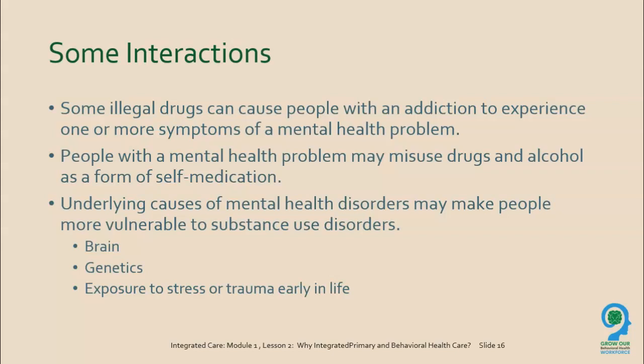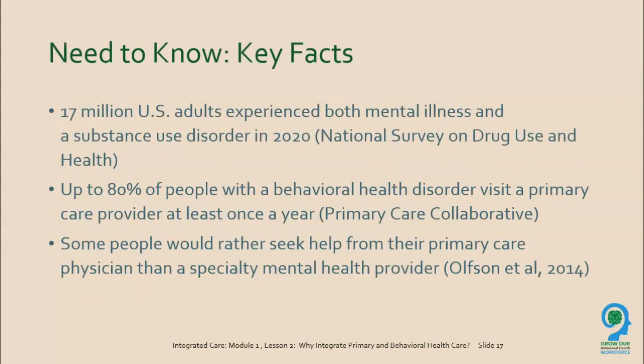But again, these interactions involve the complexity of how our brains, as physiological things, our minds as whatever they are, our emotional and mental health, and our bodies interact. Some more key facts that can point to the real importance of integrating care.